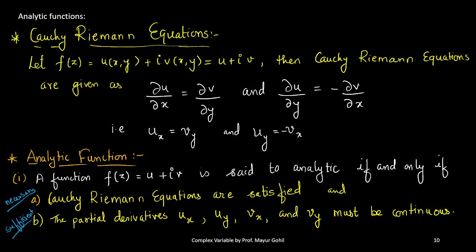I have tried to simplify this definition as much as possible so that students benefit from it. One very important thing I want to tell is that the Cauchy Riemann equations are also known as CR equations.